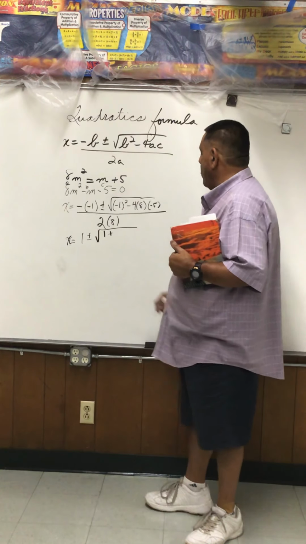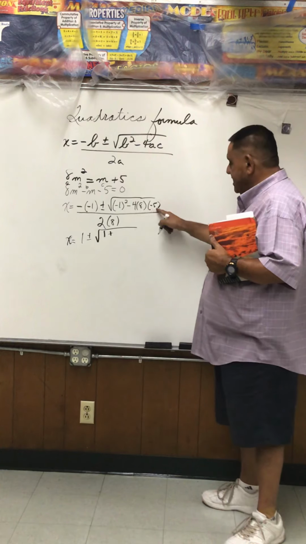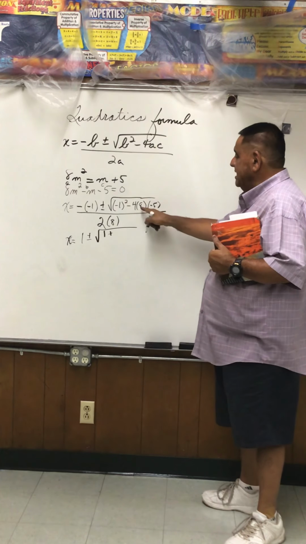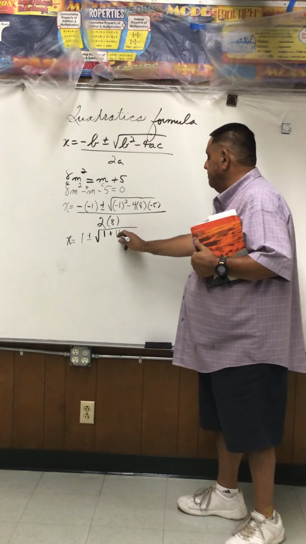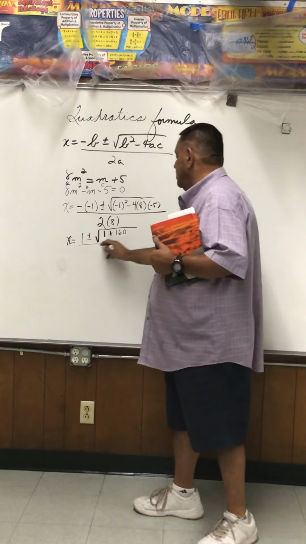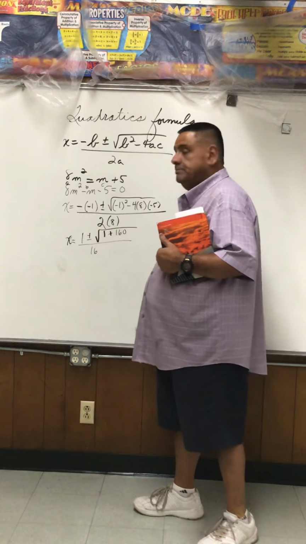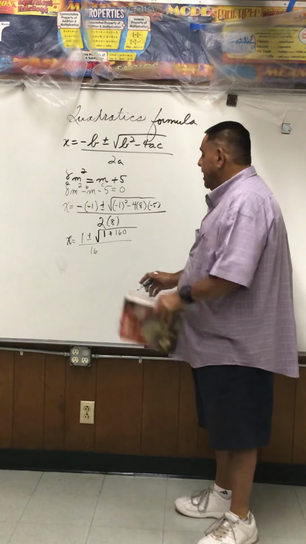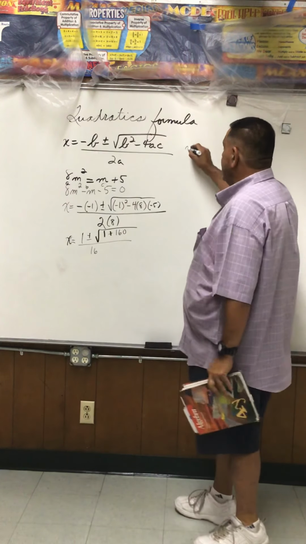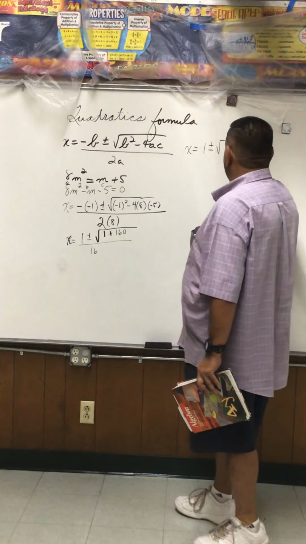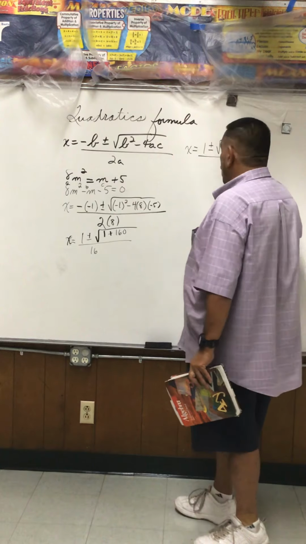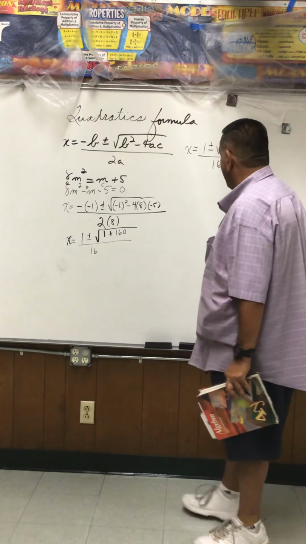Negative, negative is a positive. All right, I have 20 plus 8, times 8. 20 plus 8 is 160. All right, over 16. Now we move this over and we can get x is equal to 1 plus or minus the square root of 161 over 16.